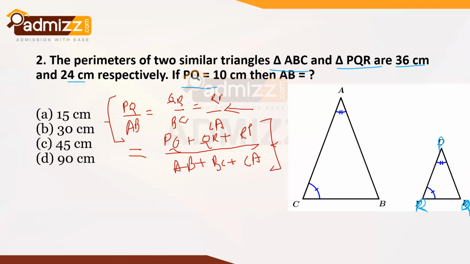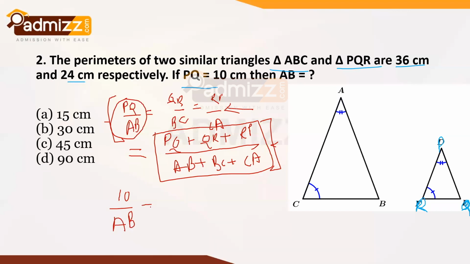With this established, we can take this particular ratio PQ over AB and this last one, which is basically the ratio of their perimeters. PQ is given as 10 and AB is the value that we have to find. PQ plus QR plus RP, the perimeter of PQR, is given as 24.